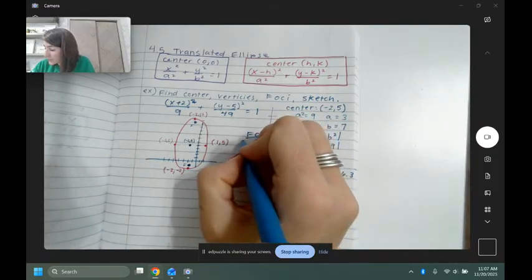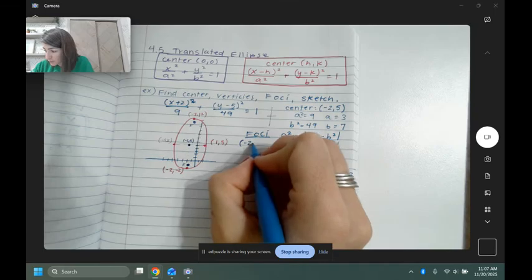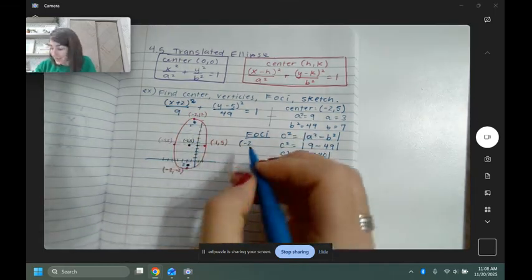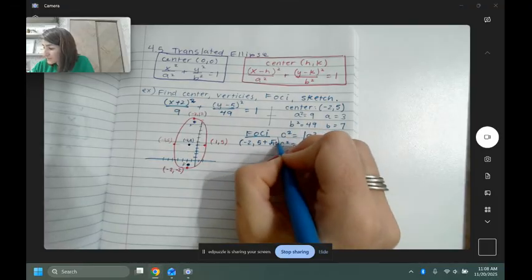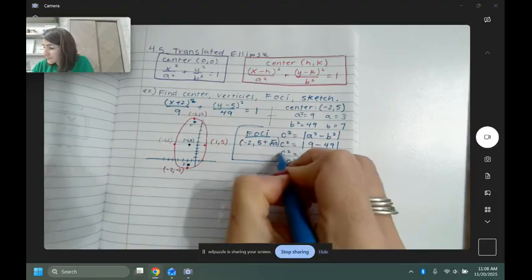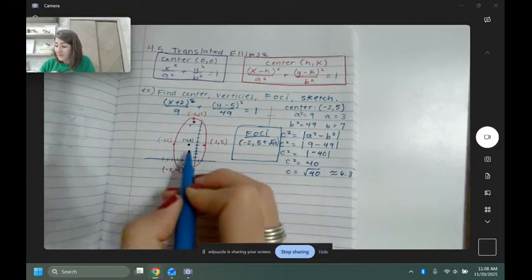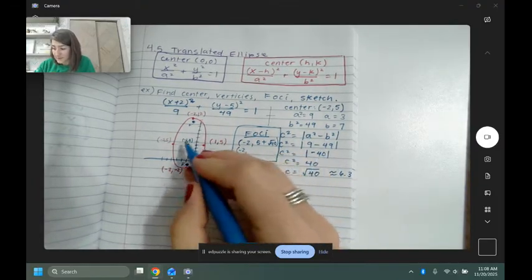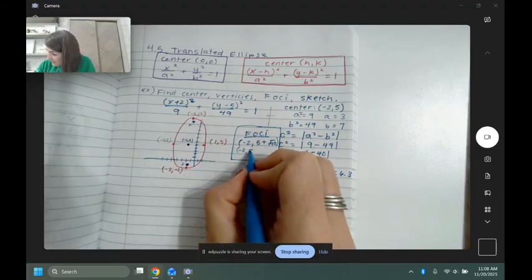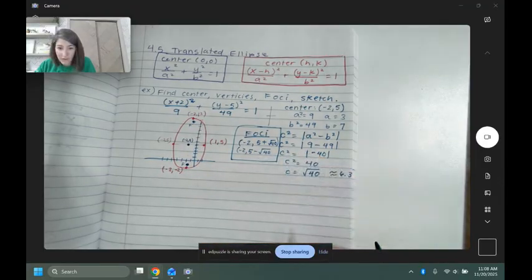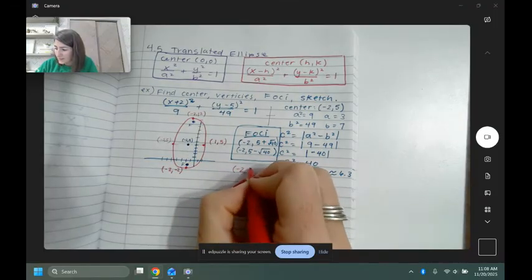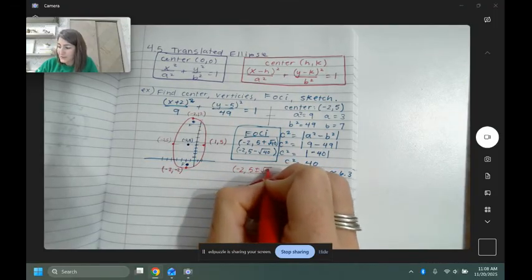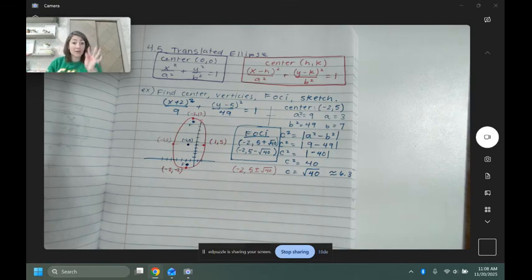So your first focus is going to be -2, because it's on this line, and then 5 plus the square root of 40. And then the other one is going to be -2, 5 minus the square root of 40. And you can absolutely write this just once as (-2, 5 plus or minus root 40). Those two are the exact same thing.